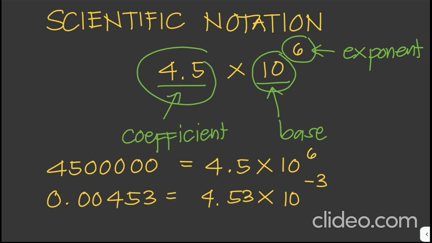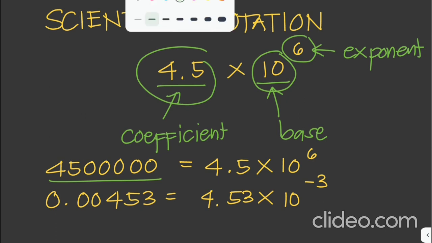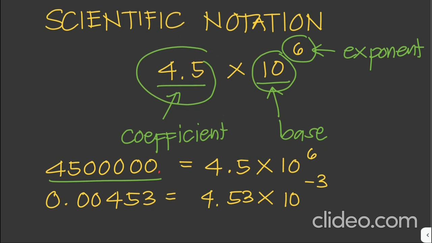Say for example, we're given this number here. This number doesn't have any decimal point, so we can assume that the decimal point is at the end of the number, and then we can just move it to make the coefficient less than 10 by following the scientific notation rules. So we can move 1, 2, 3, 4, 5, 6. So we can write our decimal point here.